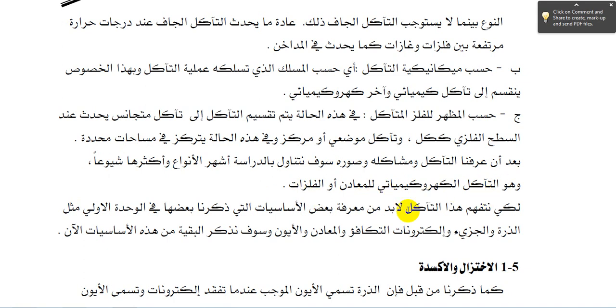To understand it, fundamentals we mentioned in chapter 1 have to be known, such as the atom, the molecules, the electron of equivalence, the metals and the ions. We're going to list the fundamentals now.